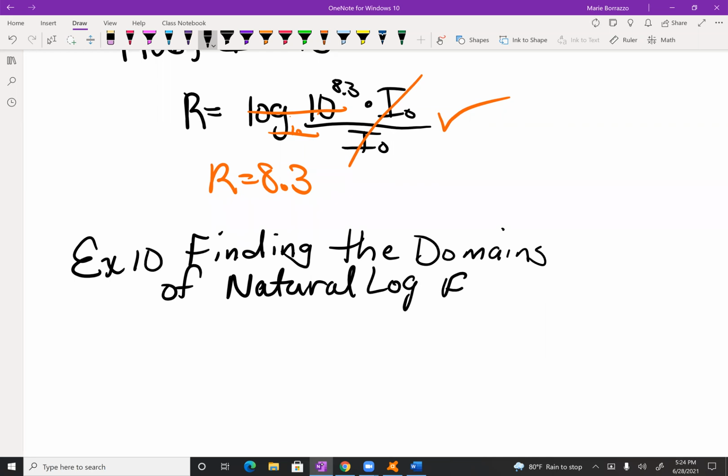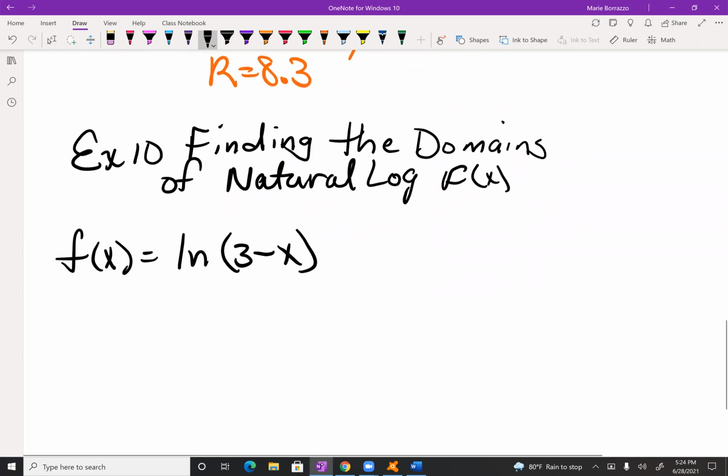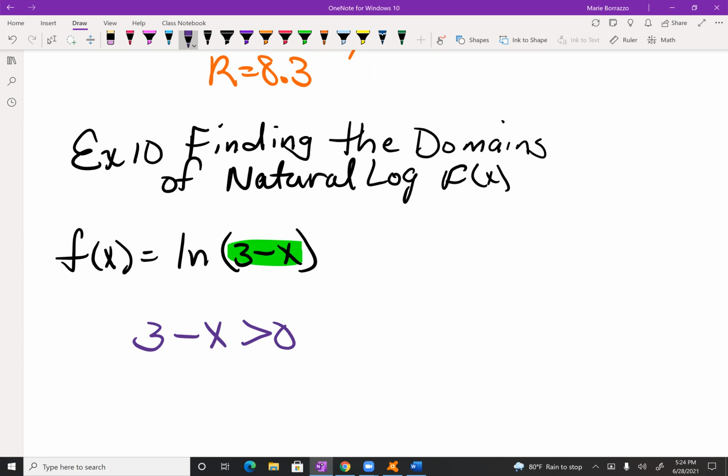Okay, so they start you with the first one where f of x is equal to the natural log of 3 minus x. The first thing I'm going to tell you is focus right here immediately. You know that 3 minus x has to be greater than 0. So that means that x has to be less than 3.